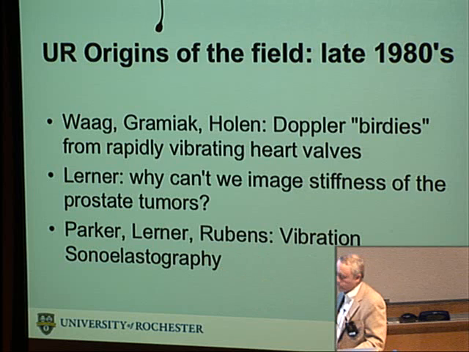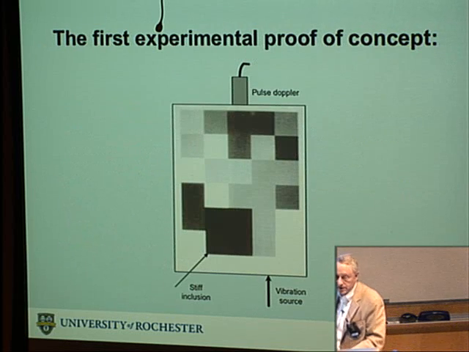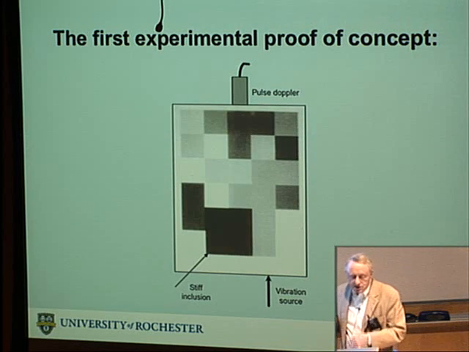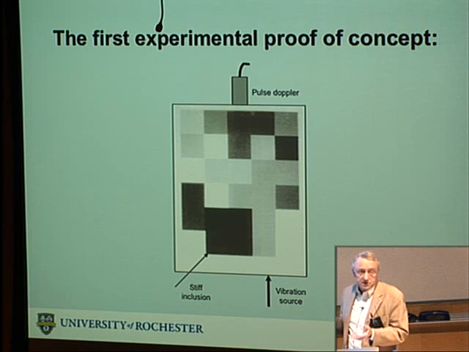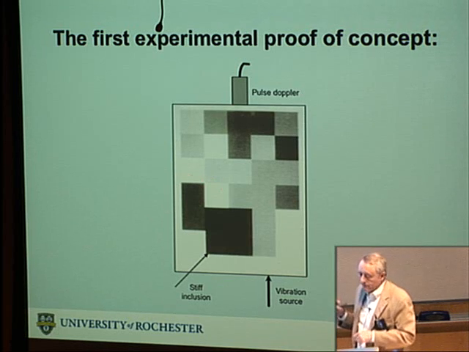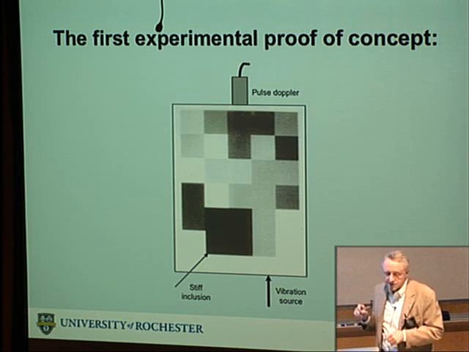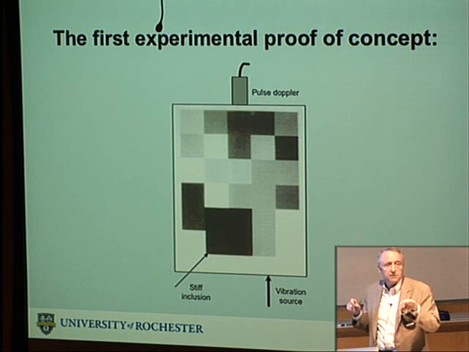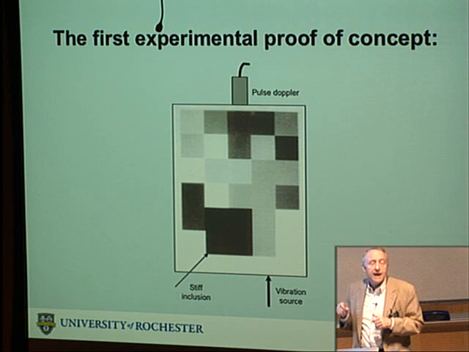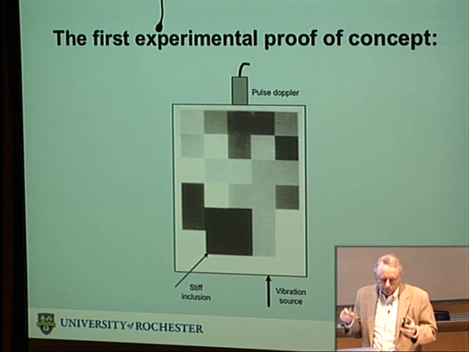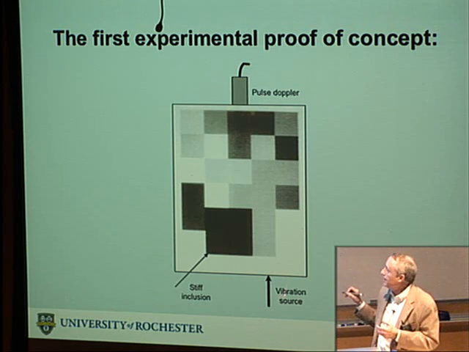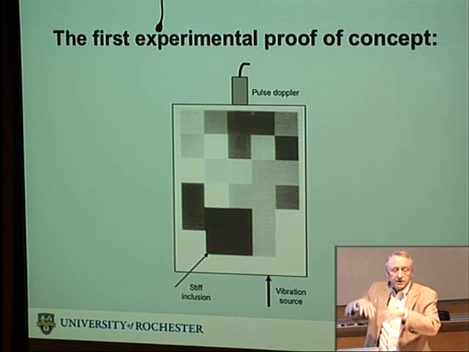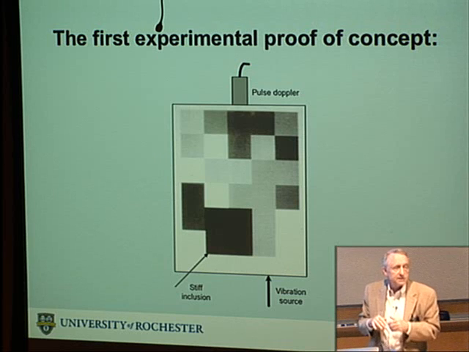And we developed a branch of this called vibration sonoelastography. And this is what it looks like in the earliest sort of published experiment. Vibration sonoelastography is simply Doppler imaging of vibration within tissues. Okay, and I can kind of skip over a lot of biomechanics and just say, if we have a vibration source on a soft object, it'll propagate shear waves into the tissue.